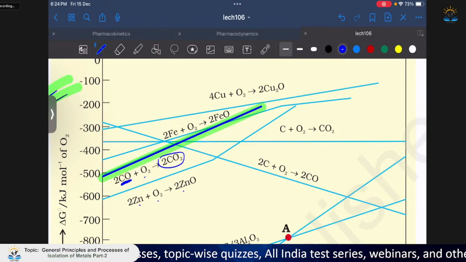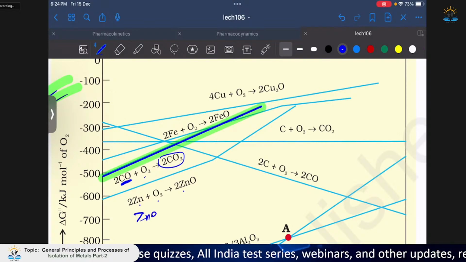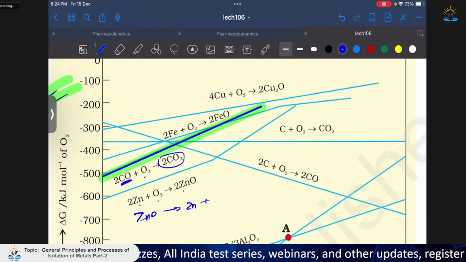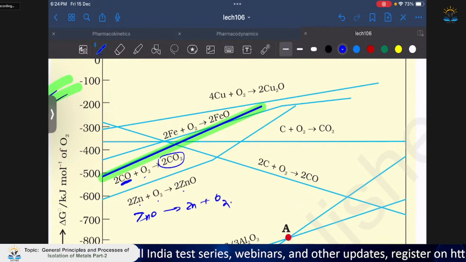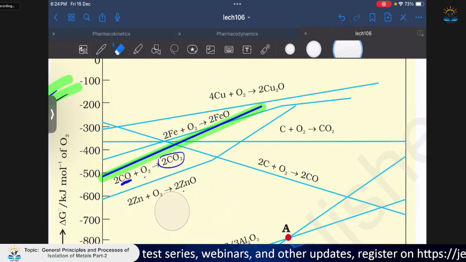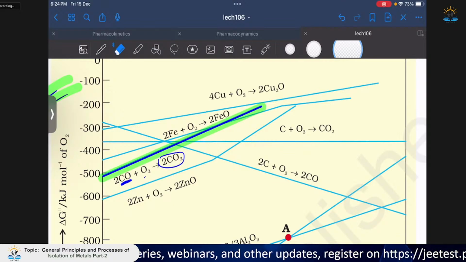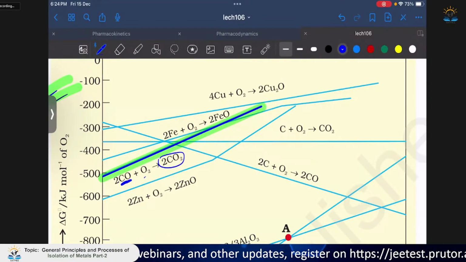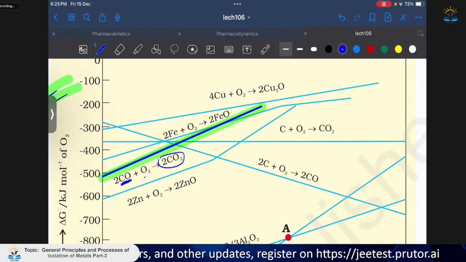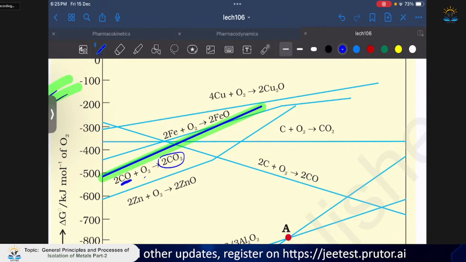Suppose I have to decompose ZnO to zinc and oxygen. Then what is the problem here? We have to reverse the values of delta G because it is the reverse reaction. So let us take a suitable temperature at which the total value of delta G would be negative.